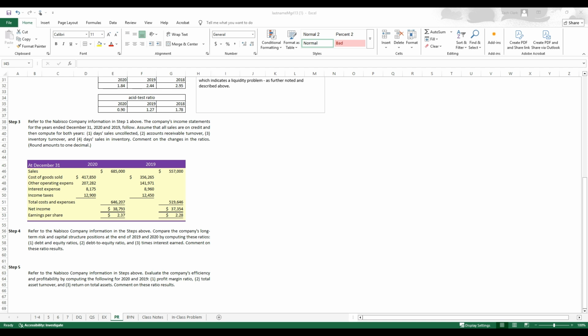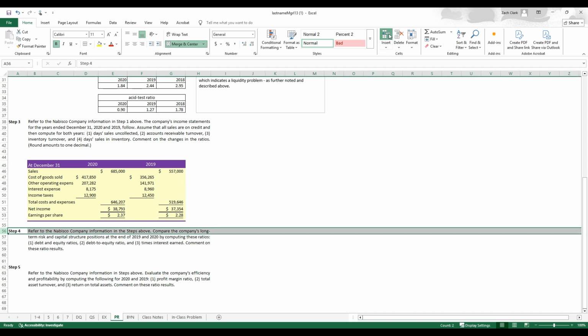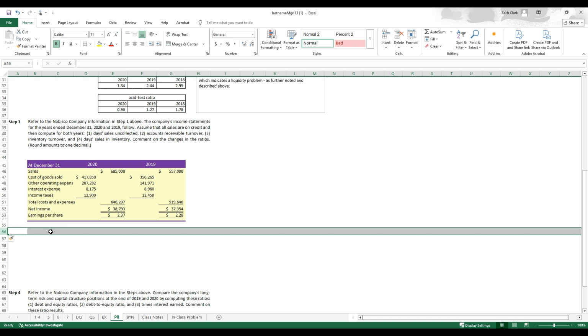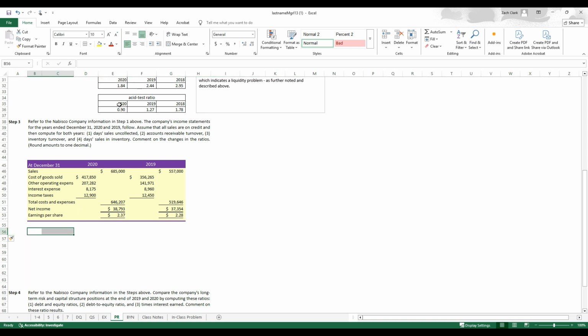So let's see, where do we want to put this? Let's get some extra space here, and we'll put these in going this way. The first one will be days sales uncollected. Then we're going to do AR turnover, inventory turnover, days sales in inventory.